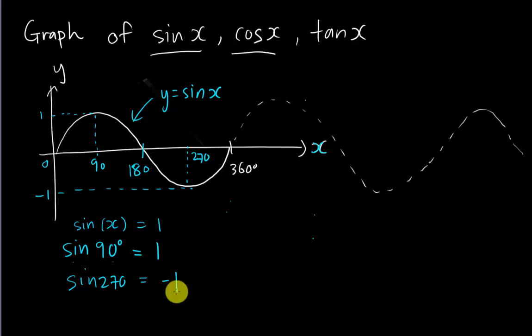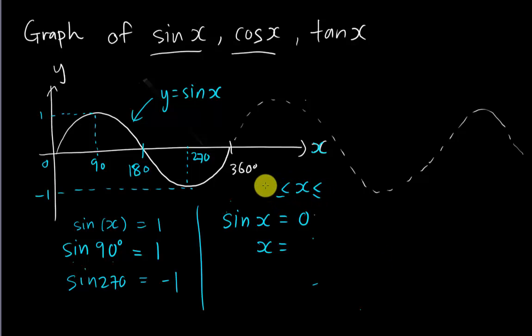But something very interesting that the calculator will not tell you is about 0. If the question asks you about sine x equal to 0, and asks you to find x, the answer can be infinite. Normally the question will say x is between 0 and 360.